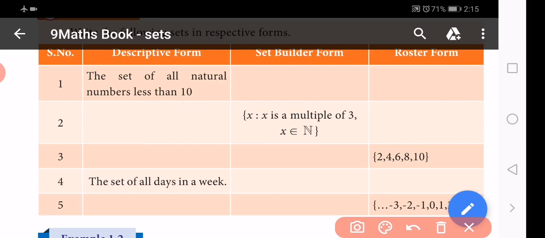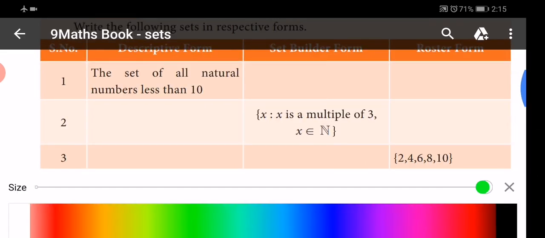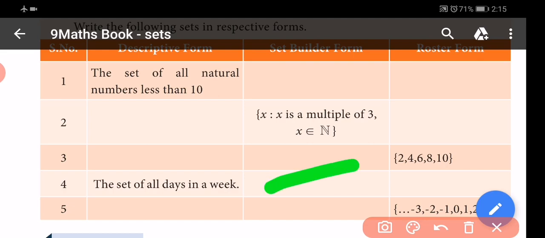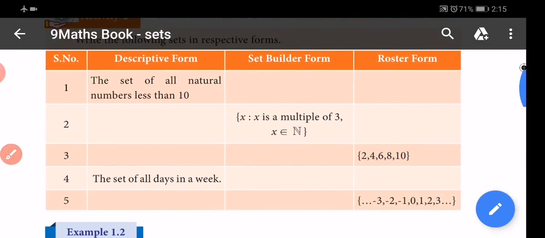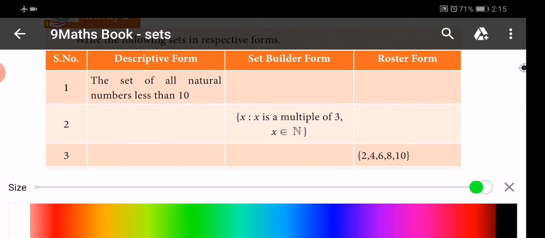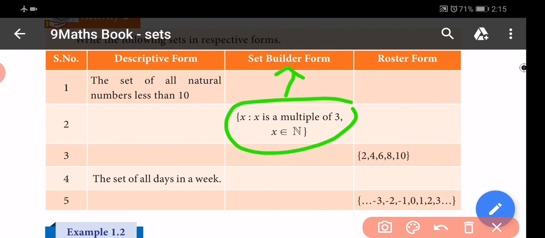And the second one, for all x such that x is a multiple of 3. X is a multiple of 3. This is in set builder form.